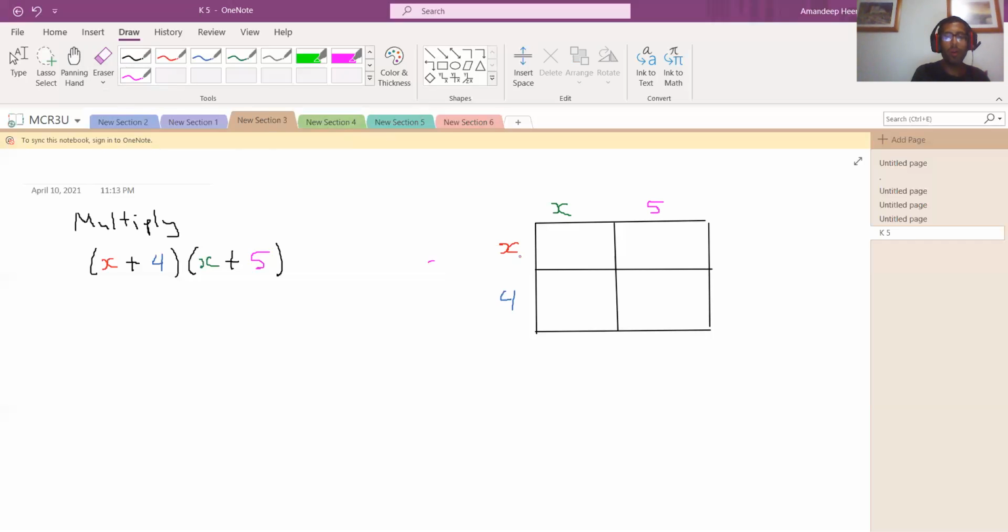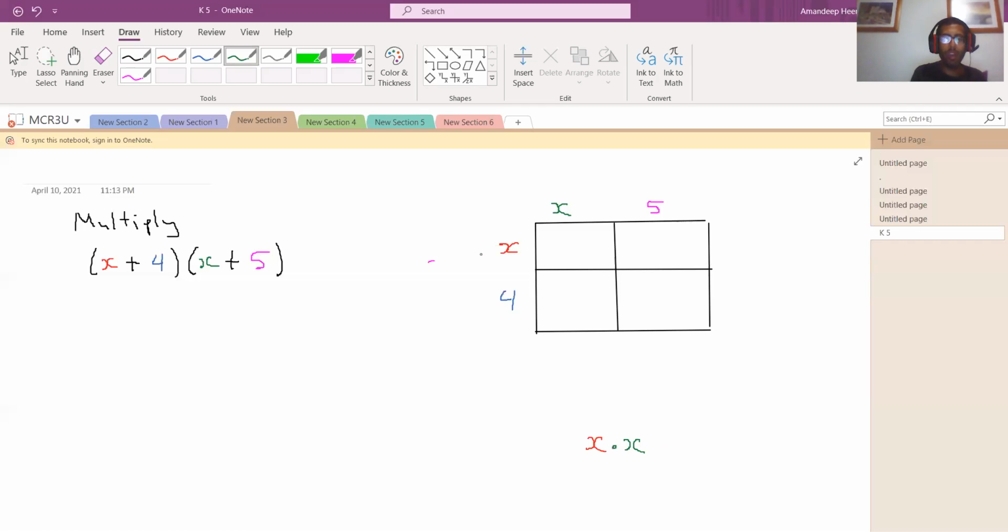So let's look at this one. What is x times x? My red x multiplied by my green x. What do you get?